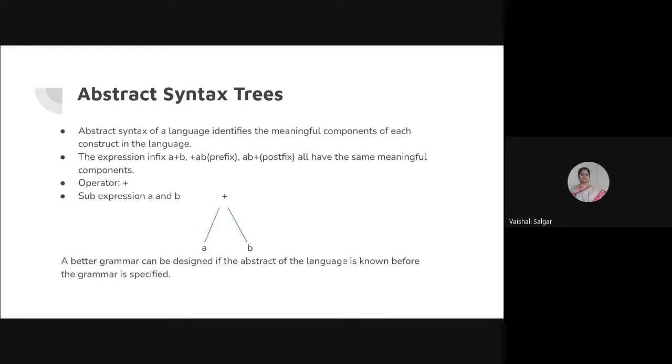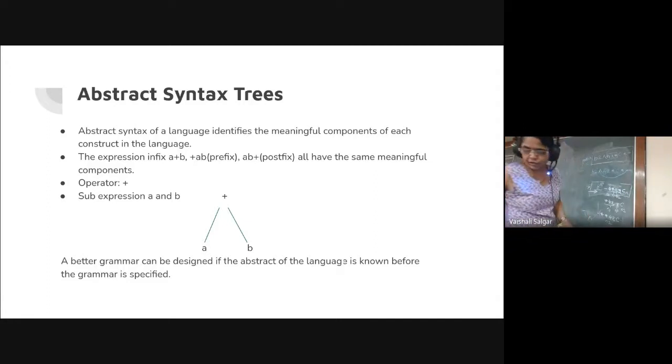For the previous example, we will take the simple one, that is A plus B.